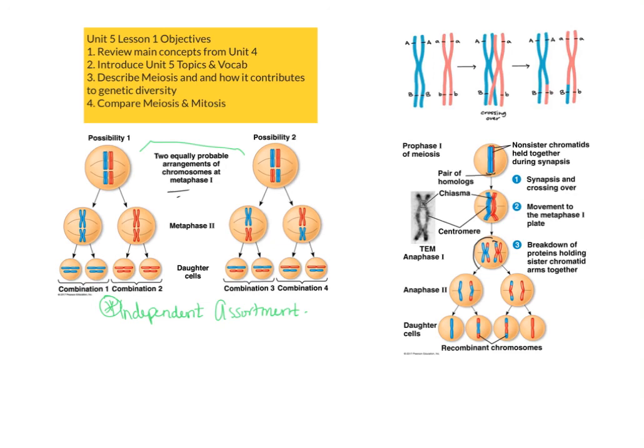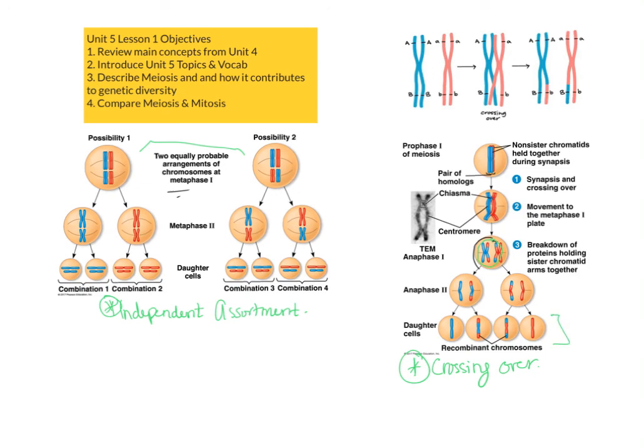Now, the other way that meiosis increases genetic diversity is through something called crossing over. We'll talk more about this topic later this unit, but the idea here is that during prophase 1 and metaphase 1, where those homologous duplicated chromosomes are lined up, an event called crossing over can lead these homologous pairs of chromosomes to swap portions between non-sister chromatids, leading to what we see right here, these recombinant chromosomes, which ultimately increase the variation of the gametes.